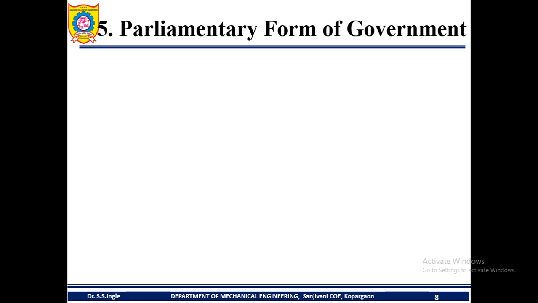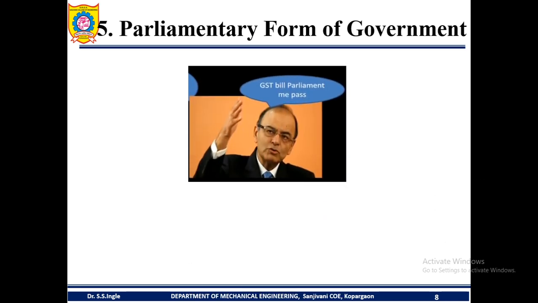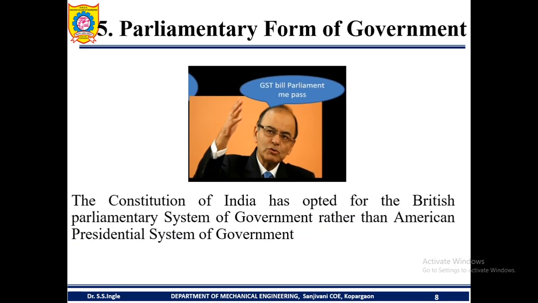The features of parliamentary government in India are presence of nominal and real executives, majority party rule, collective responsibility of the executive to the legislature, membership of the ministers in the legislature, leadership of the prime minister or the chief minister, dissolution of the lower house, that is Lok Sabha or assembly.